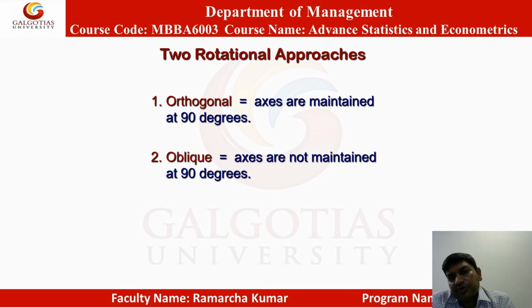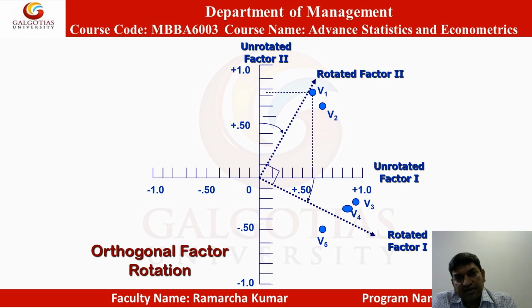Two rotational approaches: one is orthogonal, in which axes are maintained at 90 degrees. Another is oblique, where axes are not maintained at 90 degrees.